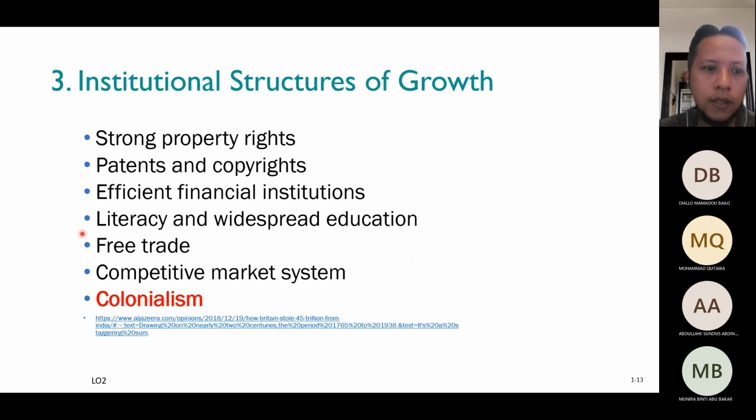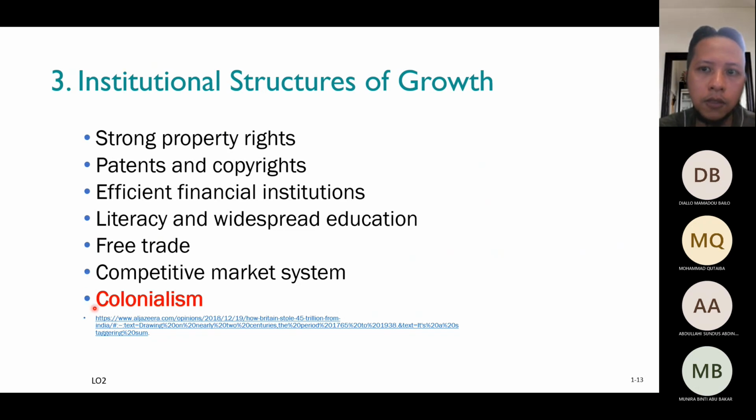Then you also have to have literacy and widespread education, so that people can have higher skills and contribute to the economy. And also free trade, so that people can easily buy and sell things, and because of that you have better exports and imports. And then a competitive market system also influences growth.